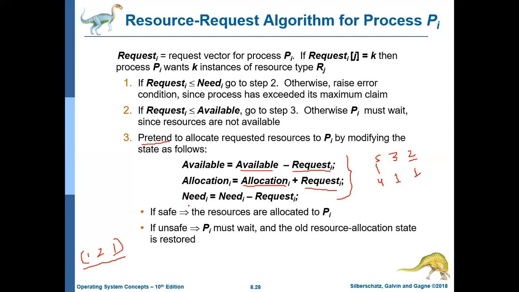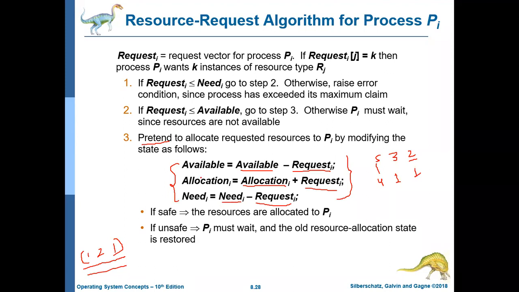What will be the need of that process? It will be decreased, because that process had some need and you are fulfilling part of it. That means its need will be reduced by request. These three values will be changed like this.